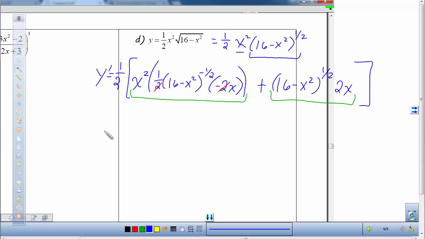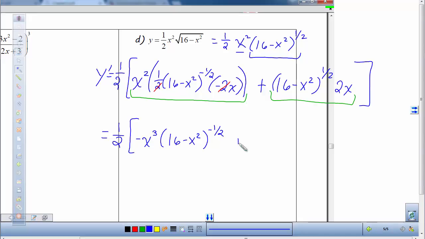So we get 1/2 negative x cubed, because I have x squared here and negative x here, and then times 16 minus x squared to the negative 1/2. Everybody with me?